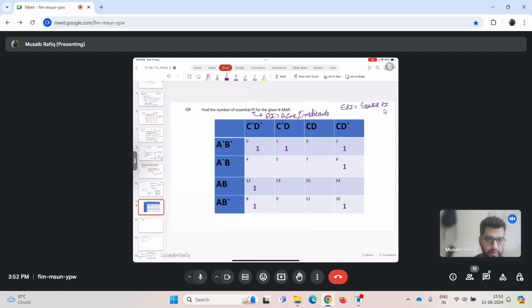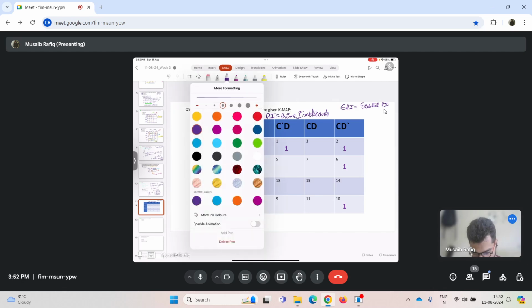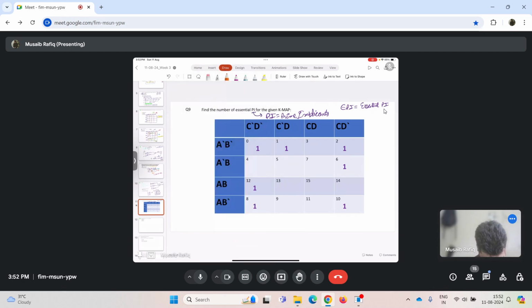We'll first mark the prime implicants. So first we'll look for whether we have any octet here. Looking at it, we don't have any octet we can construct. Then we have quad. So we can construct a quad like this. So this is my one quad, right?